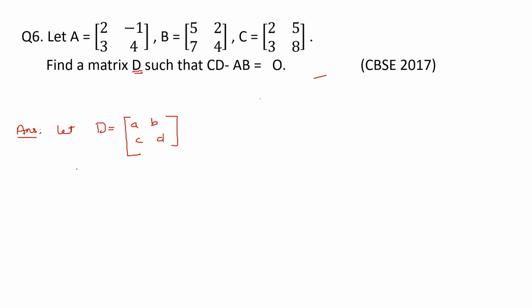We will assume D is equal to [[A, B], [C, D]]. Then you just need to put this matrix in the equation CD minus AB is equal to the null matrix. Put the values of C, D, A and B, and then find the value of D. Please try to solve this first and let me know if you have any doubt.